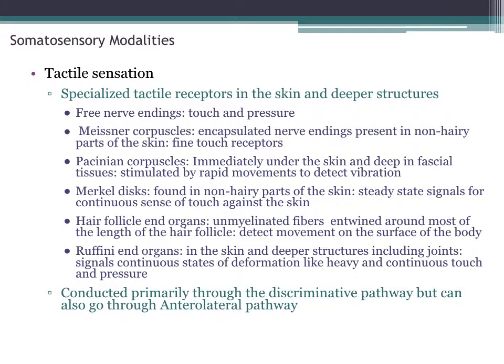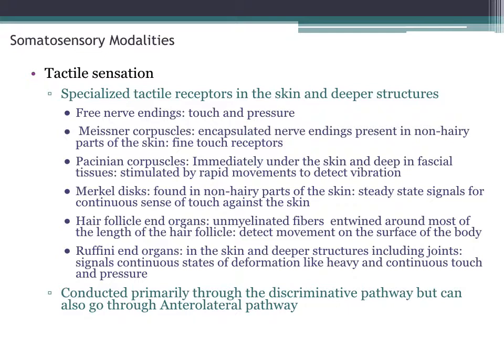So we might lose one type of our tactile sensation, but hopefully we don't lose all of it, because if we lose all of it, we have just a numbness in our hands. There's various specialized tactile receptors in the skin and in deeper structures of the body. For instance, the free nerve endings are responsible for touch and for pressure.